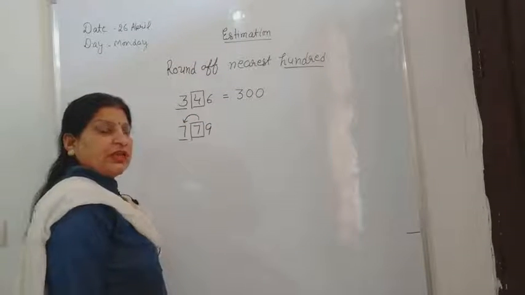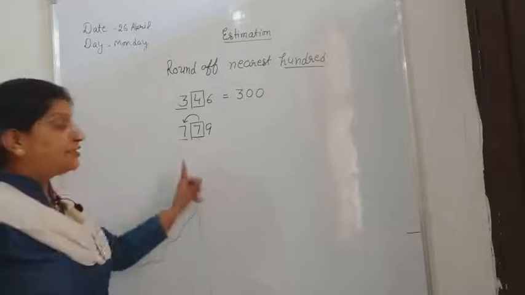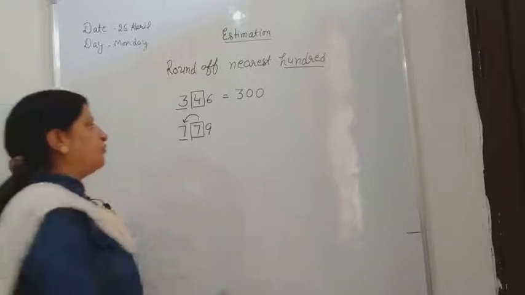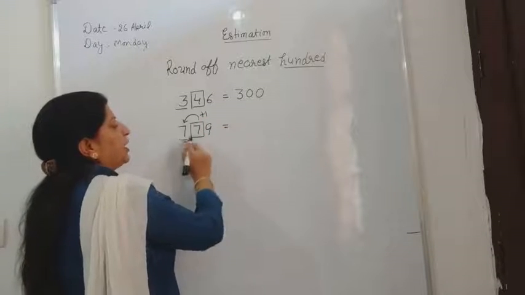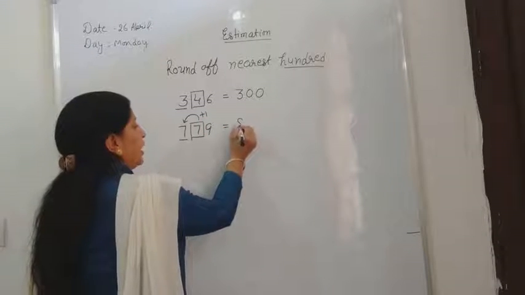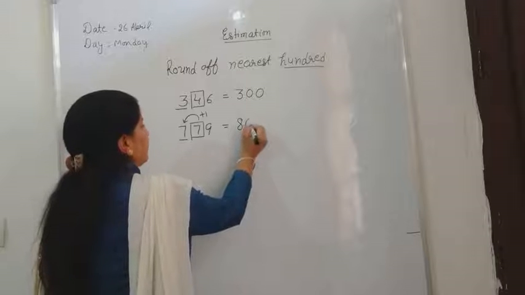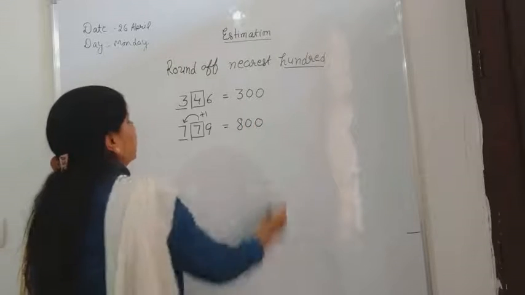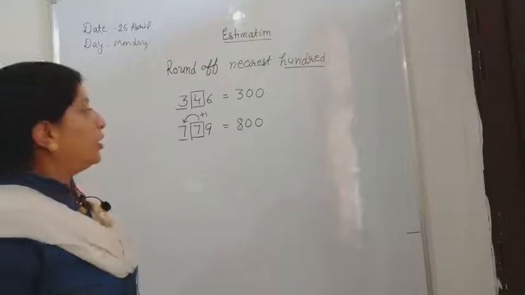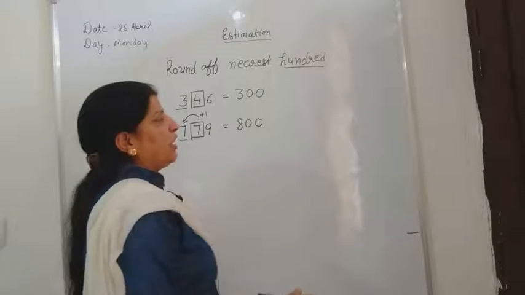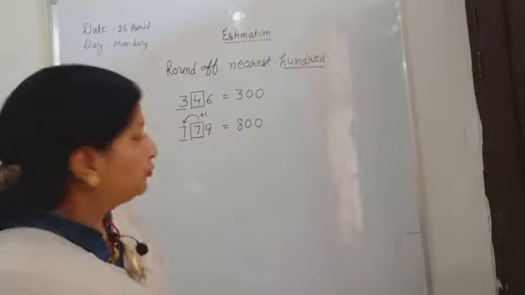We see that this 7 is greater than 5, so we add 1, and after adding, our number becomes 8, and we replace the ones and tens digits with 0. Clear this one? Now we round off to the nearest 1000.